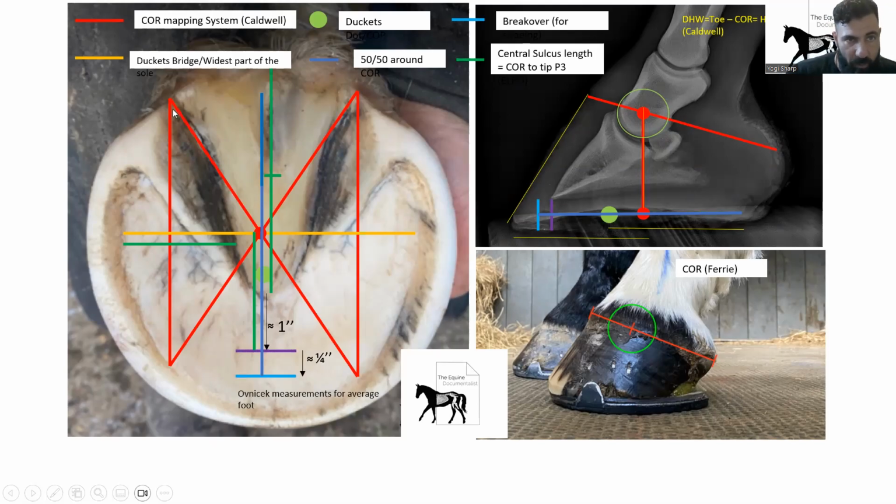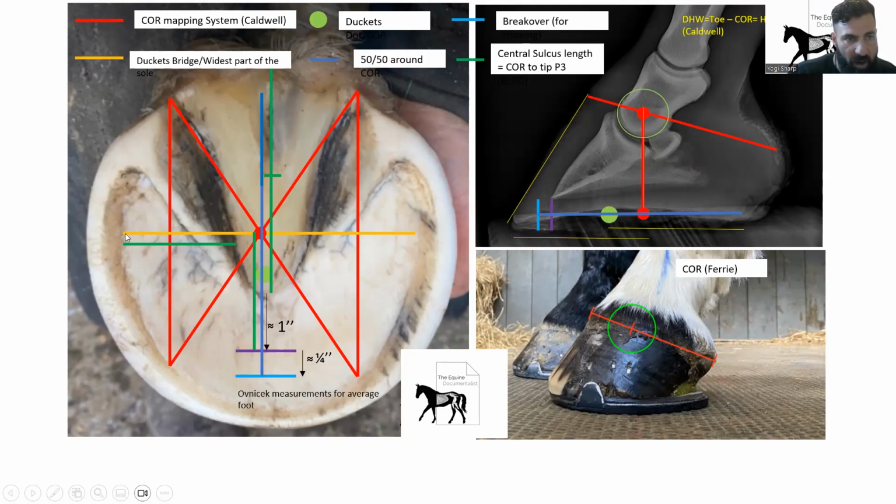And we can find the base proportions by certain mapping techniques. We can find the center of rotation by various mapping techniques. So this red one is advocated by Dr. Mark Caldwell and finds the center of rotation on the sole of the foot. And this correlates with Duckett's bridge.